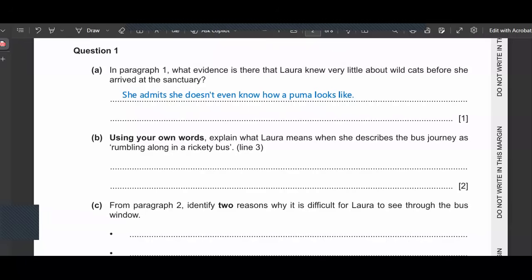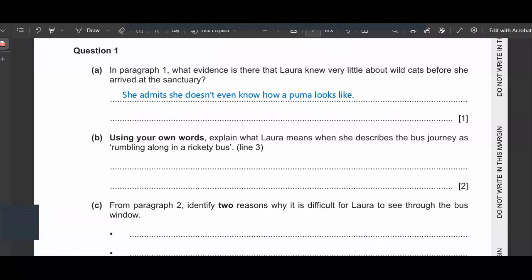So both of these words in the context are basically used to describe some sort of old, unsteady, or noisy objects. As far as the word rumbling is concerned, rumbling is basically a continuous, very low-pitched, but deep and resonant sound.